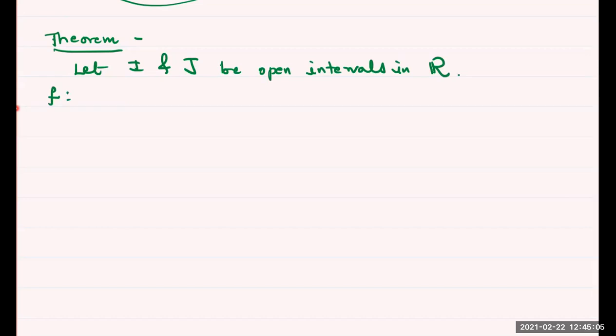f is going from I to J, and g is a function from J to R. Are two functions.